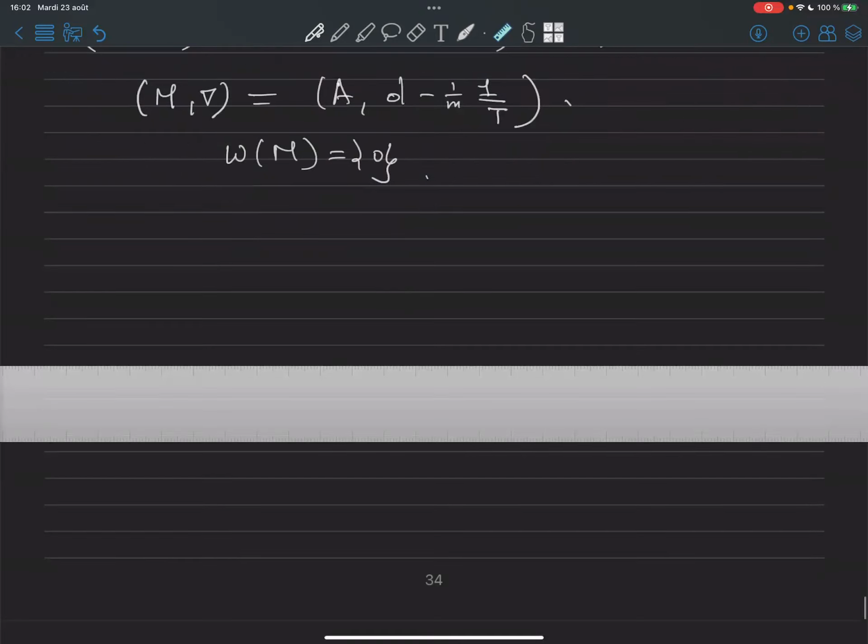However, if we consider the extension, it's generated by T to the power 1 over m, and the solution is exactly equal to T to the n over m.